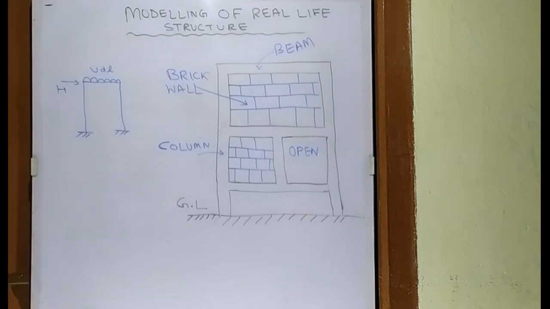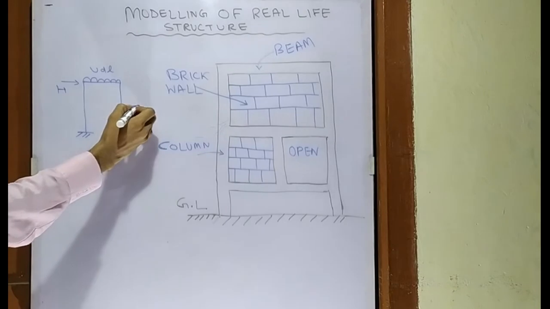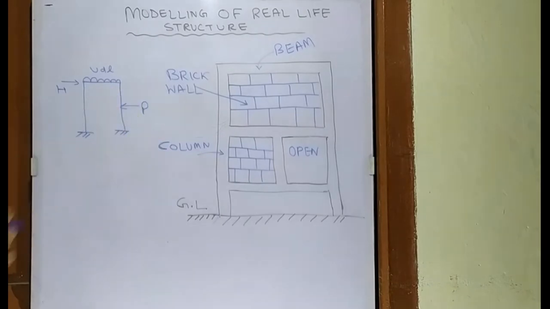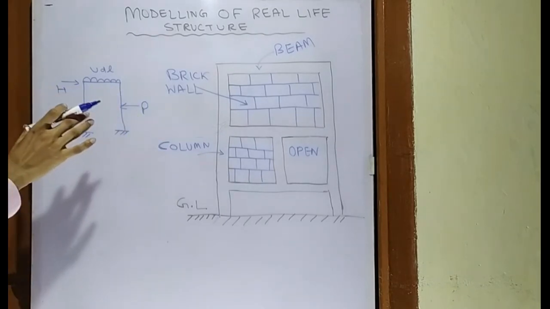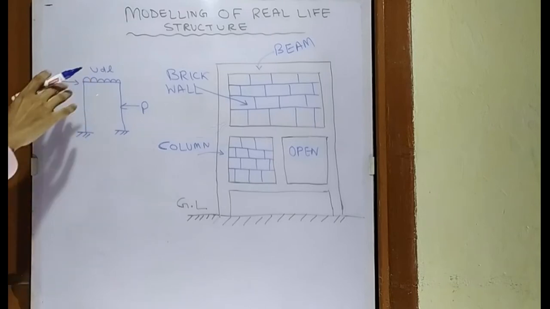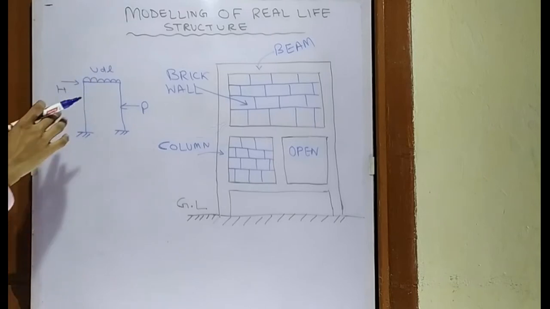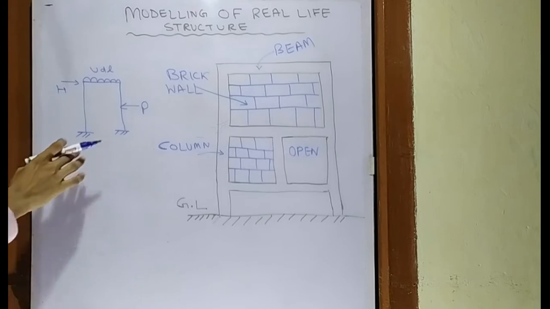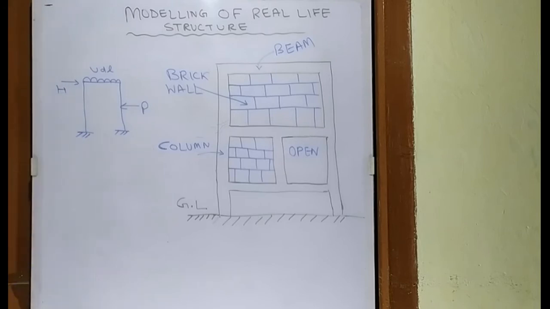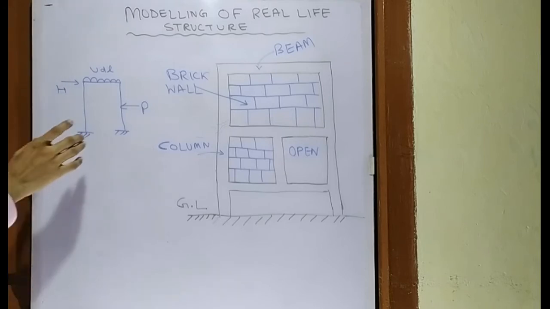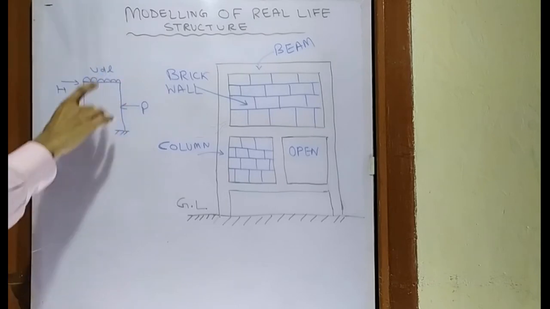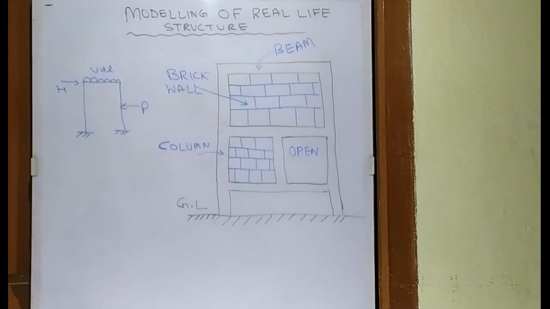And we may have a force working like this. We have to analyze this frame to find out the bending moment, the reactions at supports and many other things. So where does this frame come from? This is the main topic of today's video.